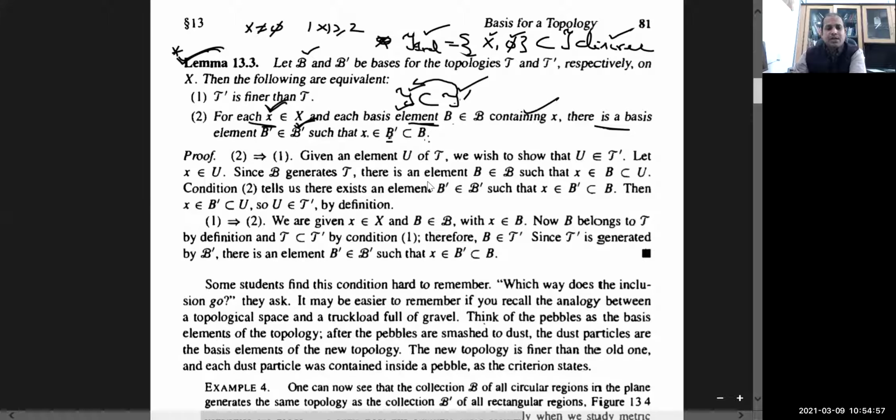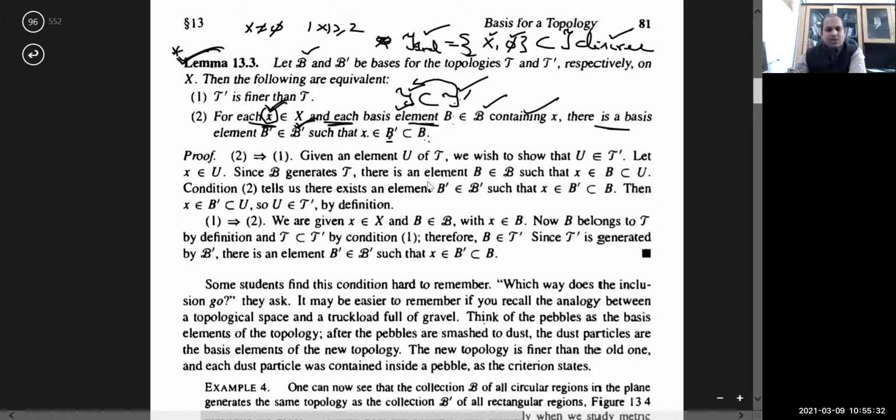To show that T dash is finer than T, we need to show that for each x belonging to X, and for every basis member B from script B containing this x, there is a basis element B dash from script B dash such that x belongs to B dash and B dash is contained in B.